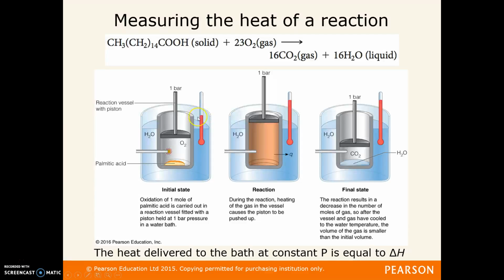Measuring the difference between the initial state and final state gives us a value that tells us how much energy we gleaned from burning palmitic acid. Again, this is kind of a roundabout way of doing it, but this is the best that we've got. And we have instruments that are extraordinarily accurate at looking at this.